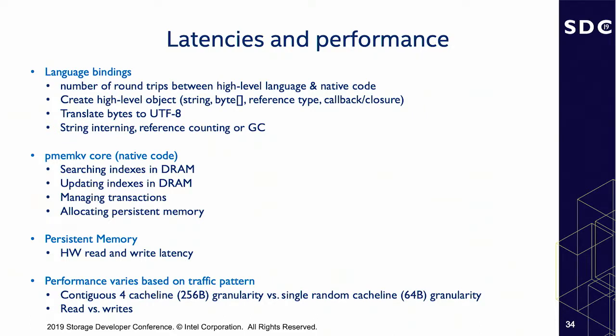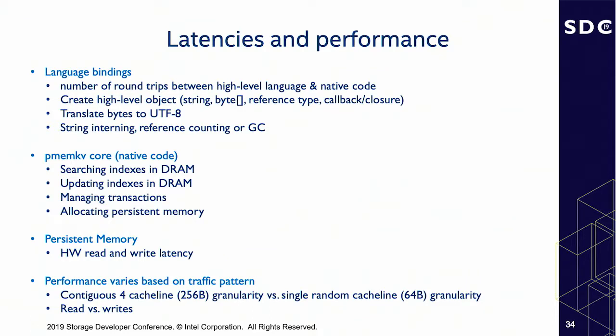So everything we could do to eliminate that means in some cases caching things or doing some kind of aggressive stuff inside of the language bindings to help eliminate some of those round trips. We've noticed there are some annoyances like translating bytes to UTF-8, because languages require it and so on. Those are things you have to learn to live with.